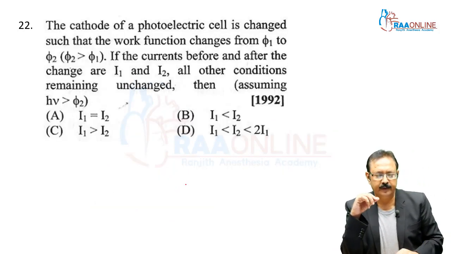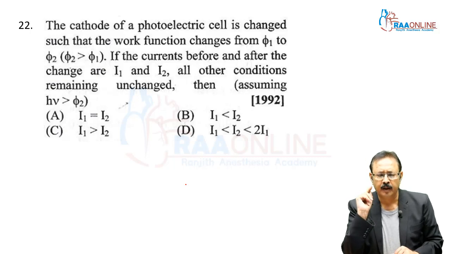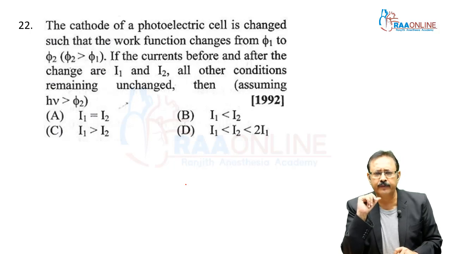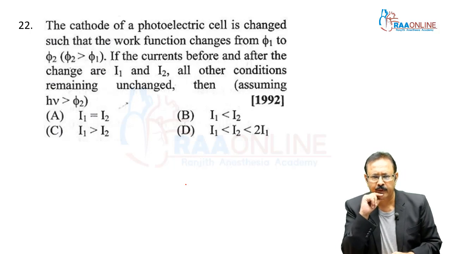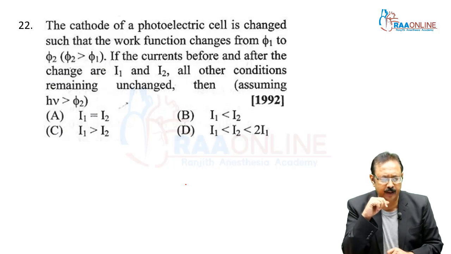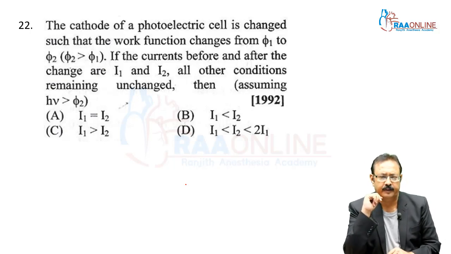Now the next one. The cathode of a photoelectric cell is changed such that the work function changes from phi1 to phi2. If the currents before and after the change are I1 and I2, all other conditions remaining unchanged, then what will happen?